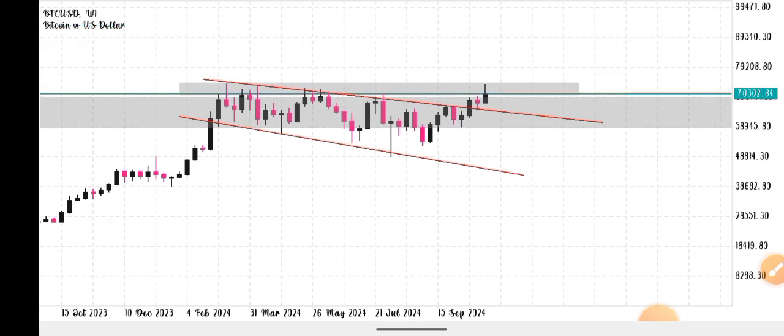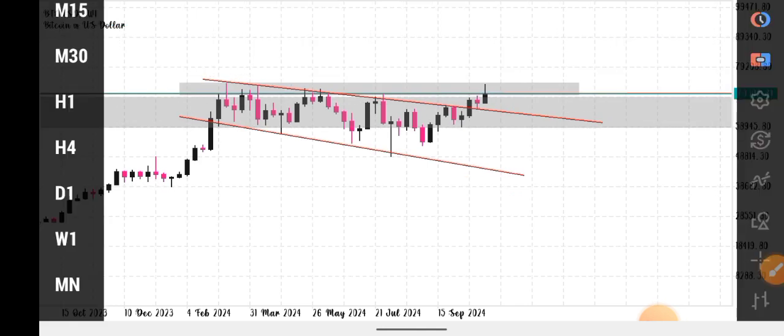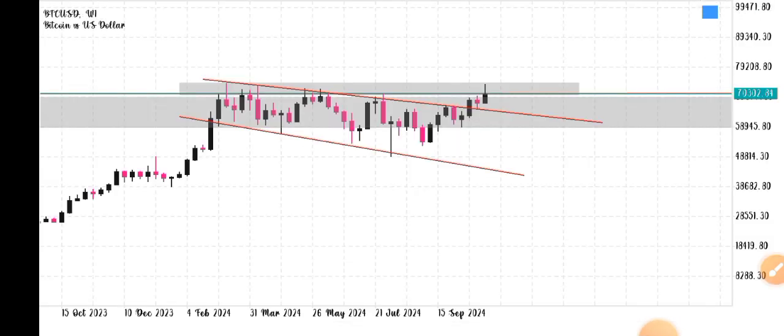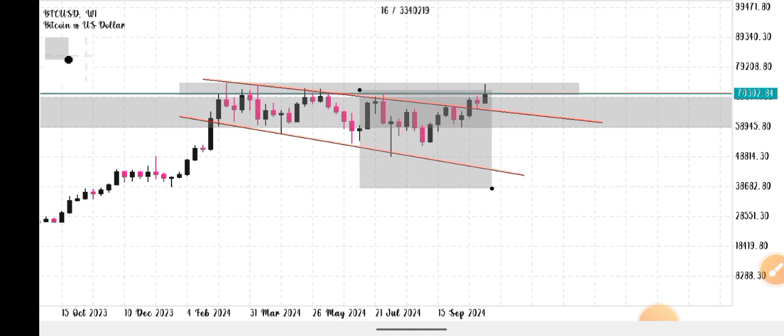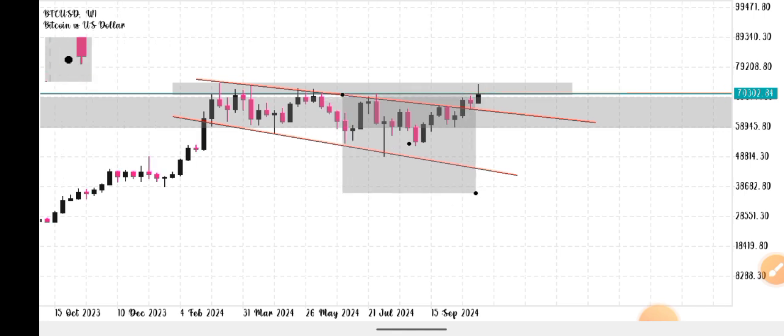So I'm going to be drawing that distance. I normally use this to draw my distance. I'm going to be measuring the distance of this range, because if price breaks this range, it's going to go the same distance.